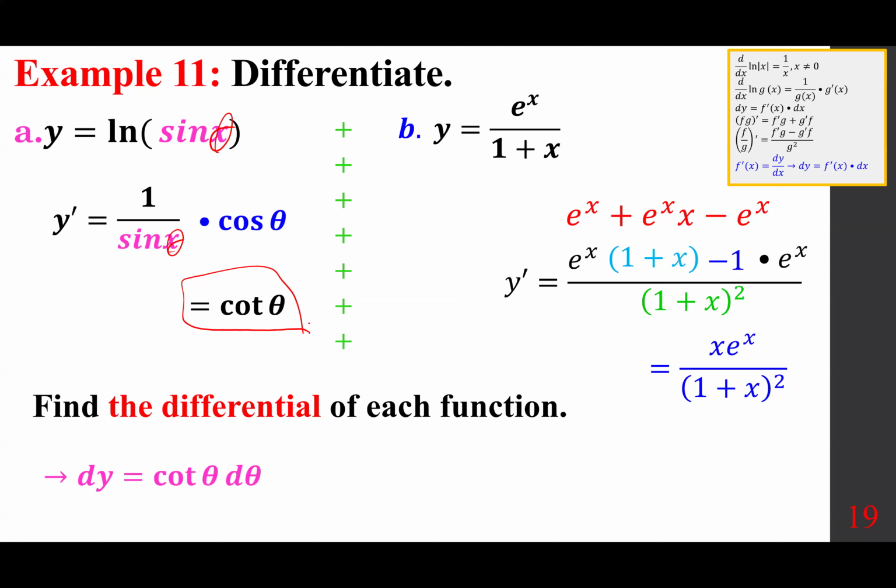What about part B? The same thing. Because the variable is x, times dx. So dy is the same thing times dx, everybody.